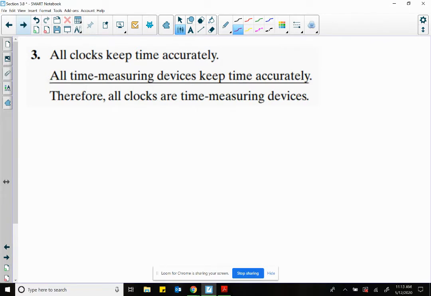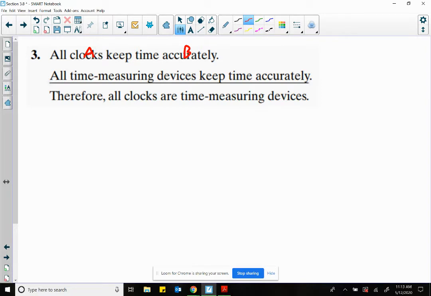Okay. So in this one, it says all clocks keep time accurately. Okay. So this is an all A are B. So our A is clocks. Our B is accurate time.